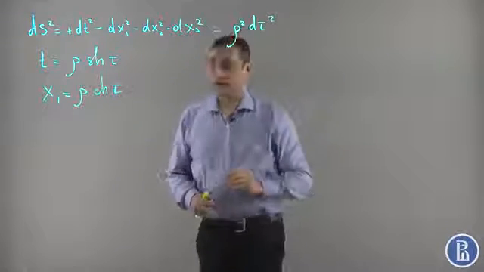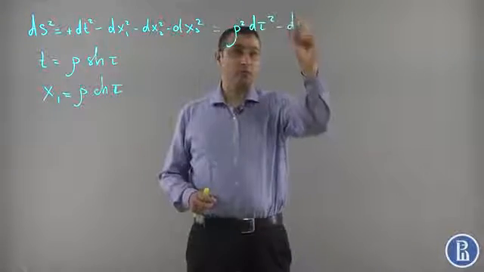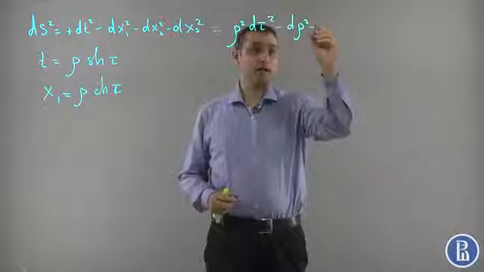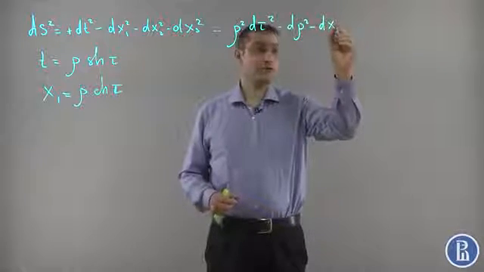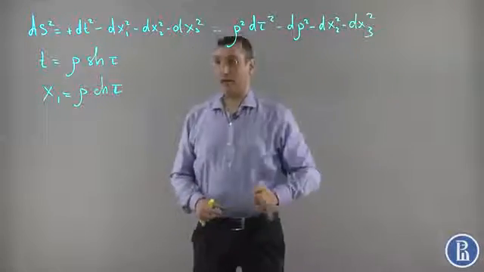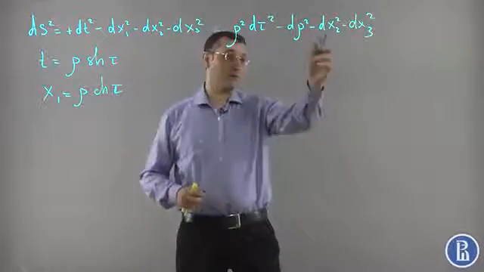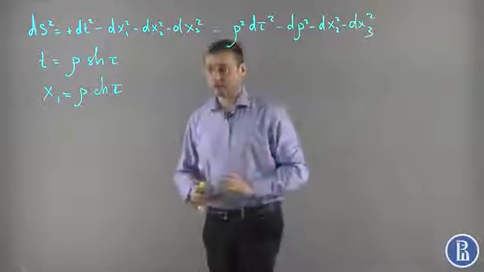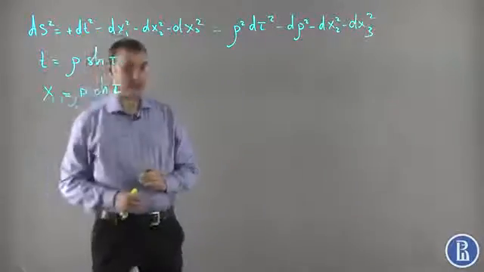Rho squared d tau squared minus d rho squared minus dx2 squared minus dx3 squared. The second and third coordinates were not touched during this coordinate transformation.